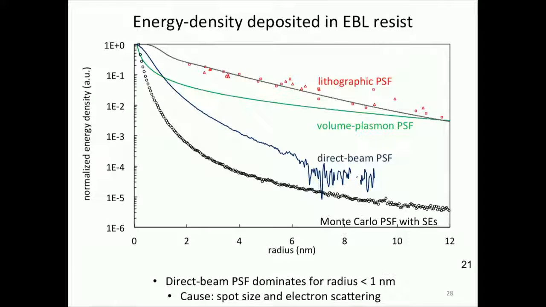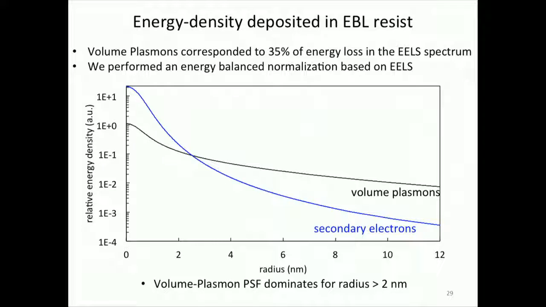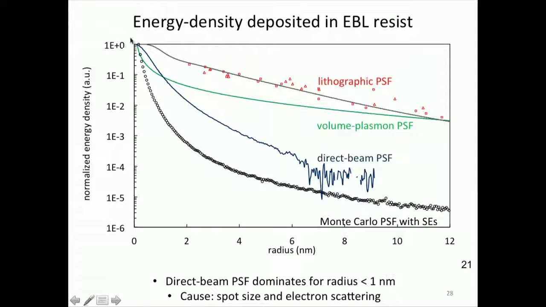What that means is that independent of secondary electron emission or volume plasmon emission, the spot size and electron scattering will dominate the resolution of smaller structures. Or in other words, the fabrication of small isolated structures by e-beam will be dominated by the spot size and electron scattering. So what about for radius larger than 1 nanometer?